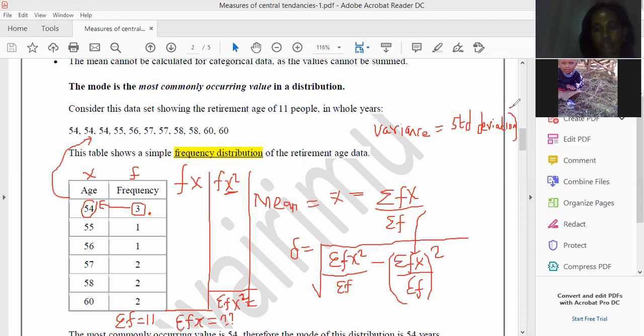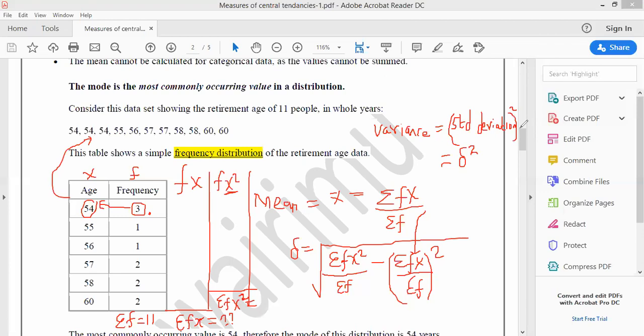You square the whole of this so that you're able to come up with the variance. That means, in short, the variance of any distribution is equal to sigma squared. Hope that is clear.